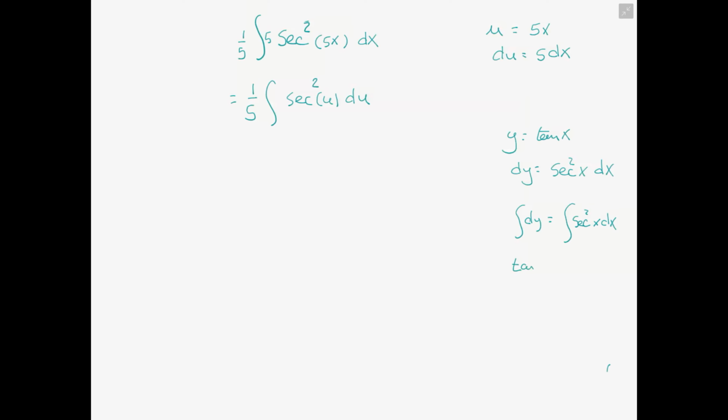So if we take the integral, dy equals the integral of secant squared x dx, we have y, which is tan x, equals secant squared x dx, and that's what we have here.